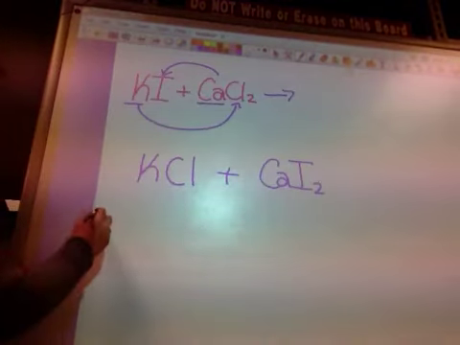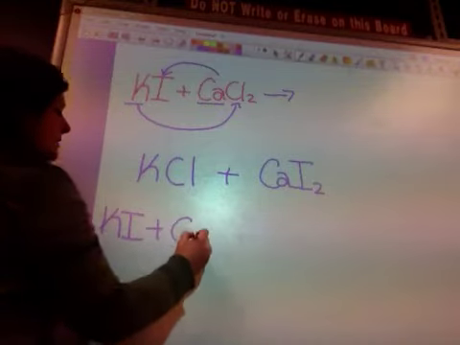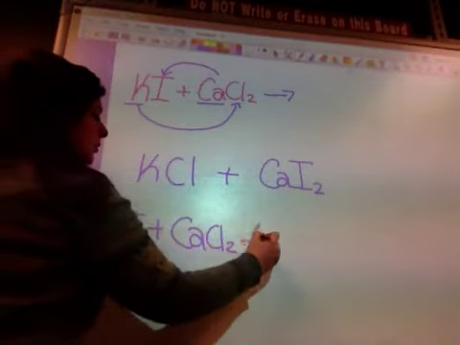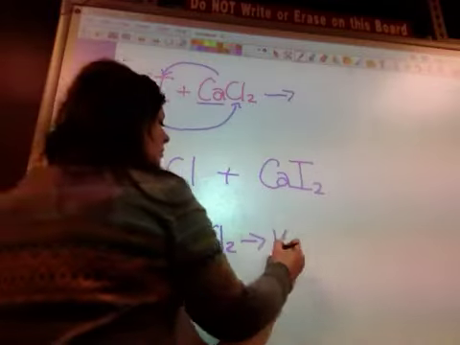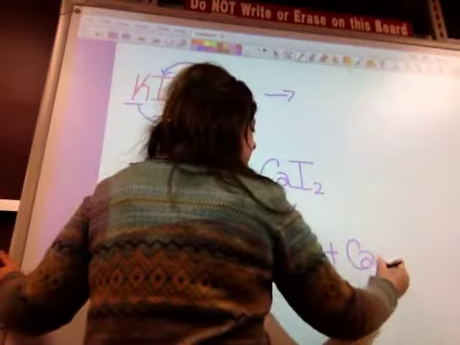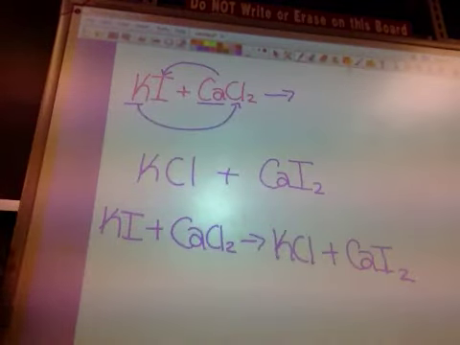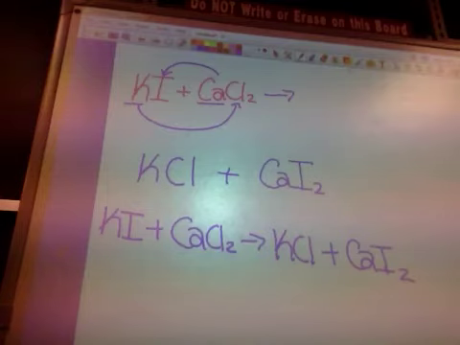So let's write out our entire reaction. We have potassium iodide reacts with calcium chloride to yield potassium chloride plus calcium iodide. Okay, well now I have to balance because it's not balanced the way that it is right now.